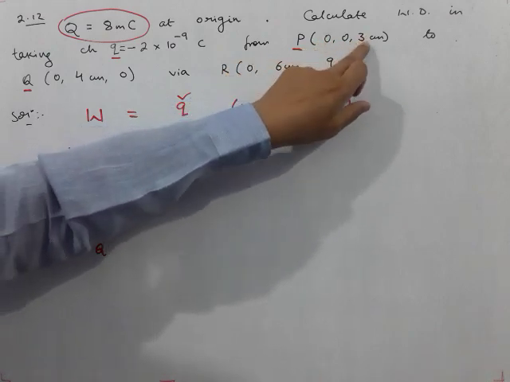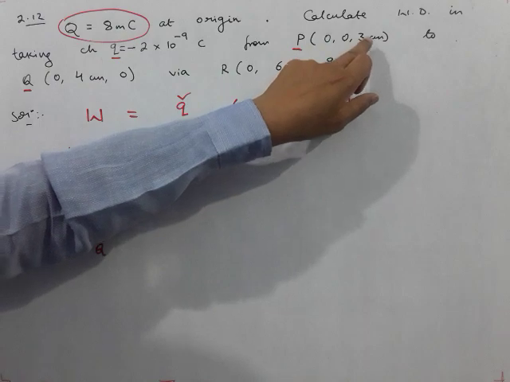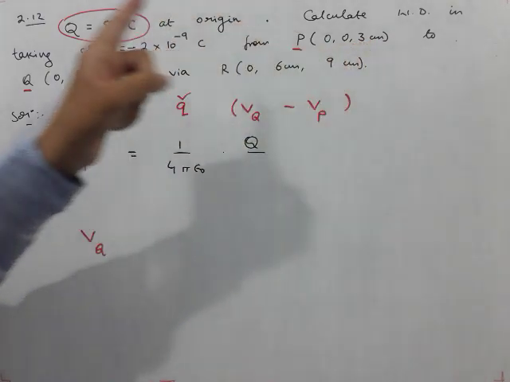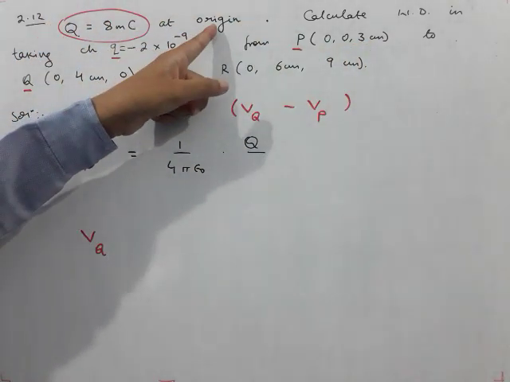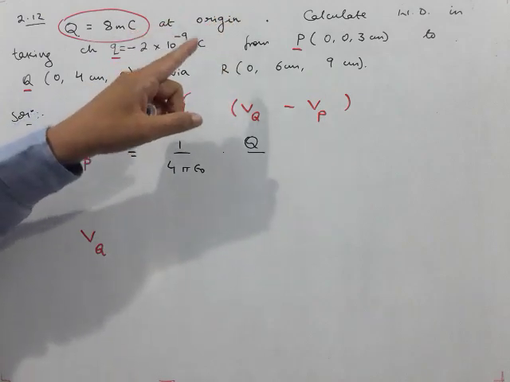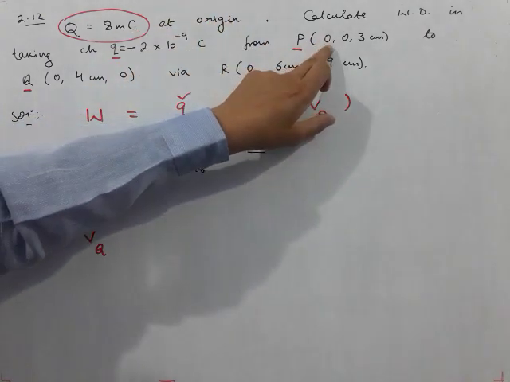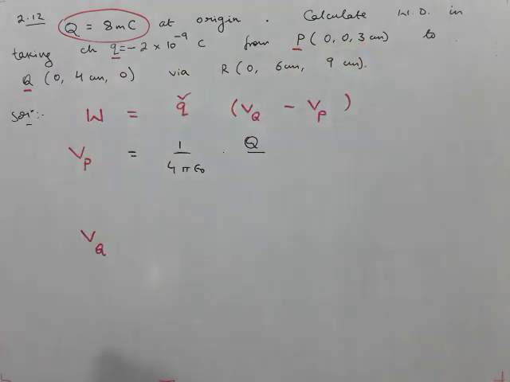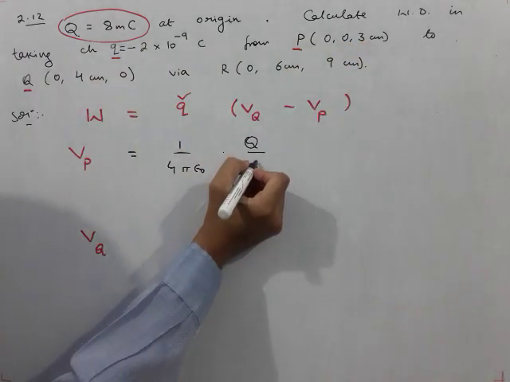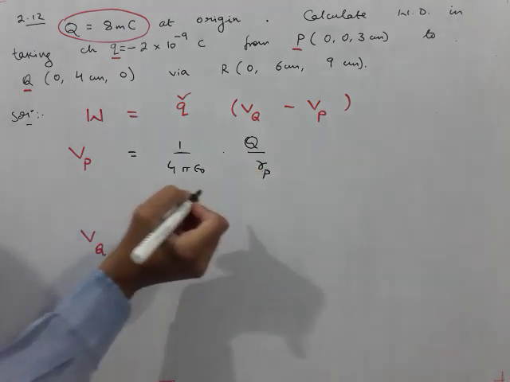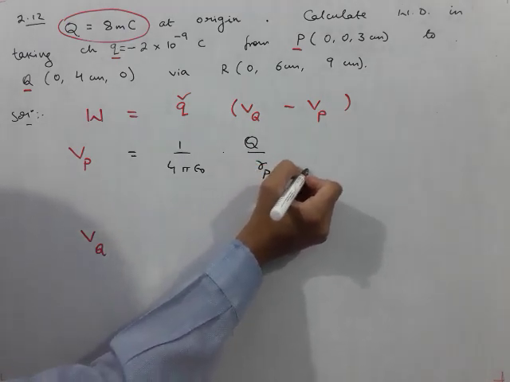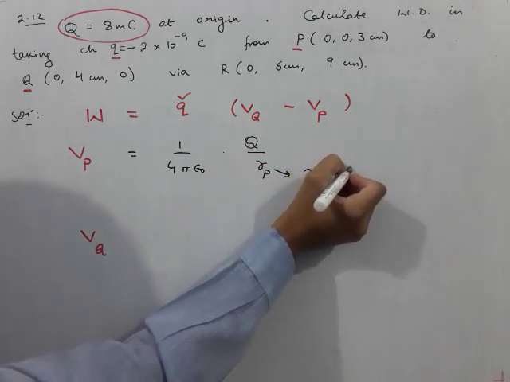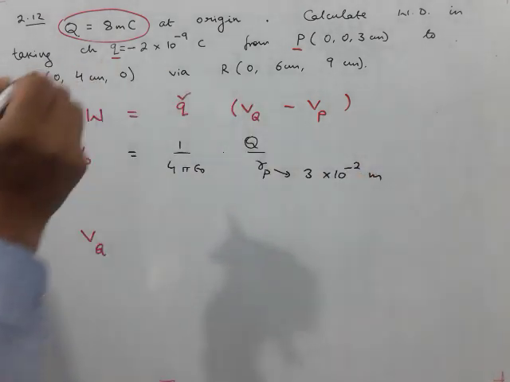So it lies on Z axis at a distance of 3 centimeter from origin. This charge is placed at origin 0, 0, 0. So what is the distance between the origin and this point? It is 3 centimeter. So Q by r, rp. So this rp is how much? 3 centimeter means 3 into 10 to the power minus 2 meters.